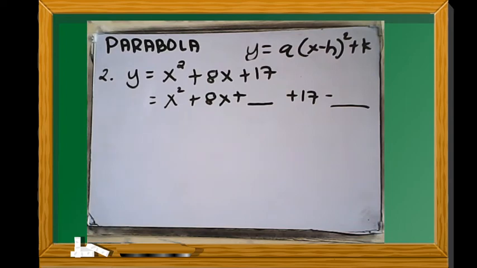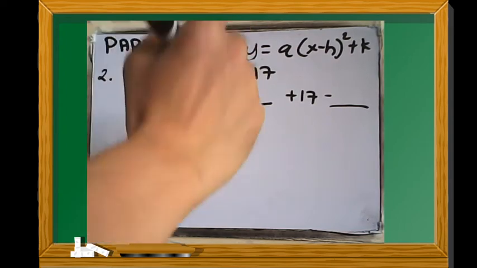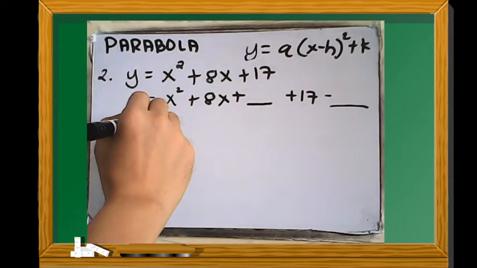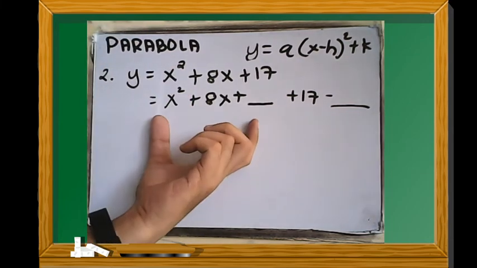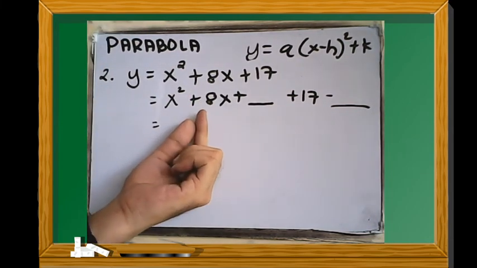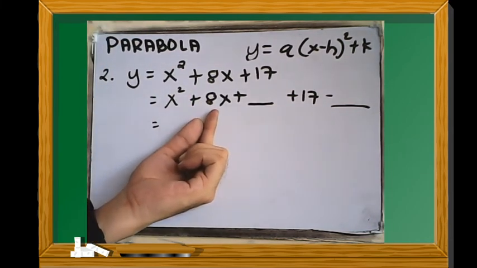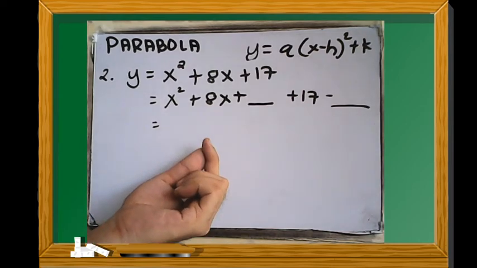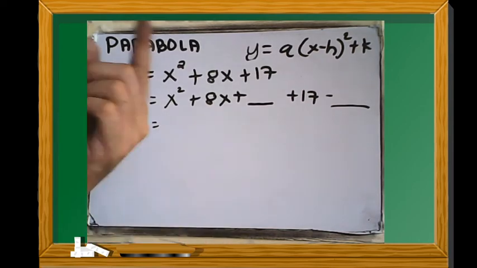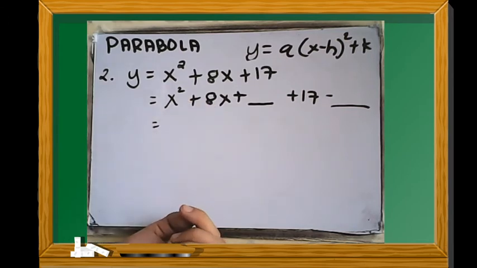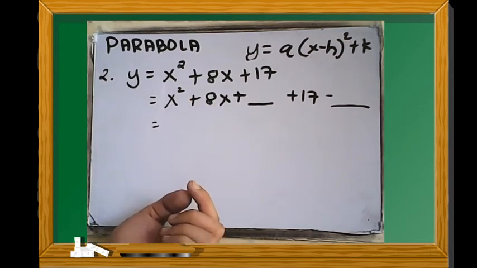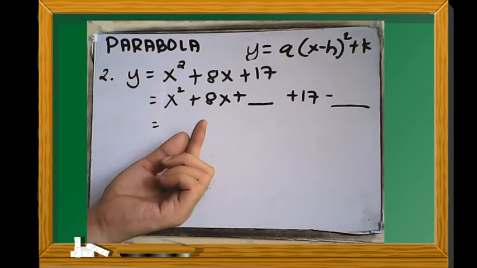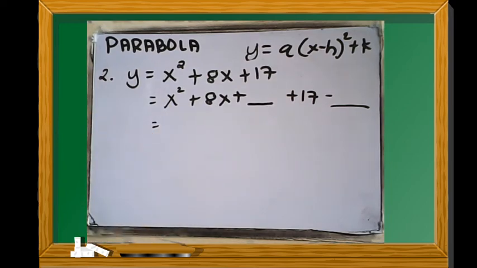Next, so ano ngayon yung idadagdag natin para maging perfect square trinomial? Ito. So we just look for the second term, the coefficient of the second term. So here, the coefficient is 8. So we will just divide it by 2 and then multiply by itself. Divide by 2 and then we have to multiply the answer by itself.